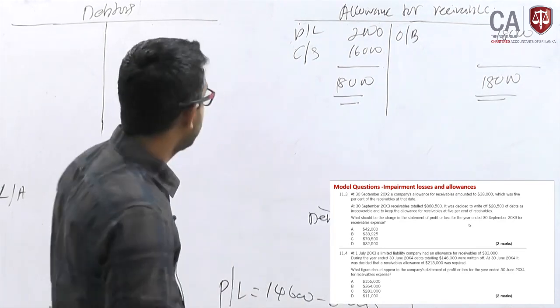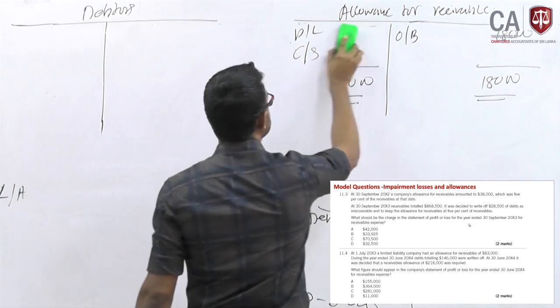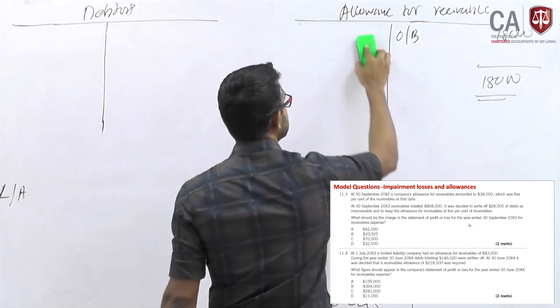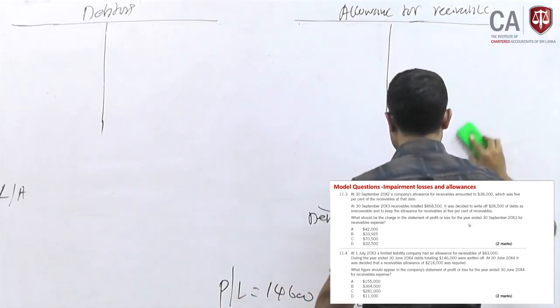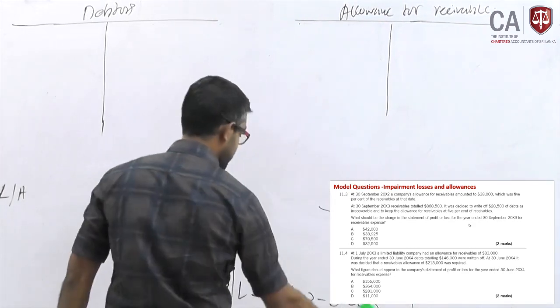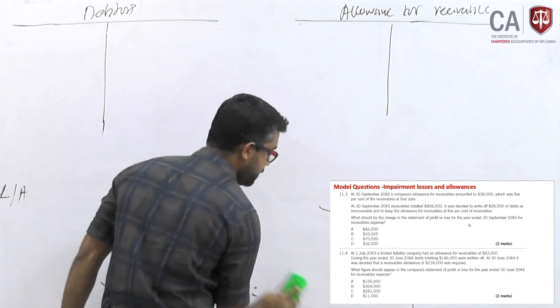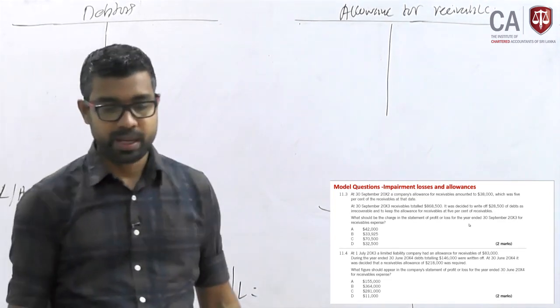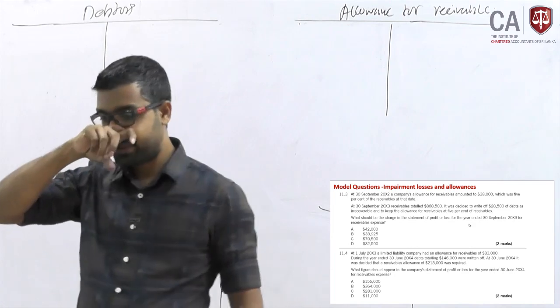Read question number 3. As I promised, you will have a question bank at the end of the webinar series. From each and every topic, you may have questions like this from ACCA.